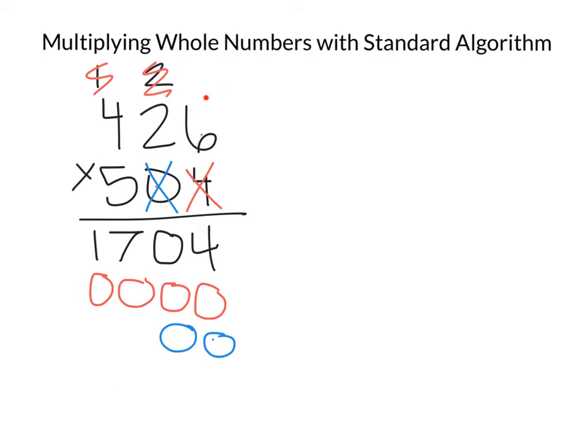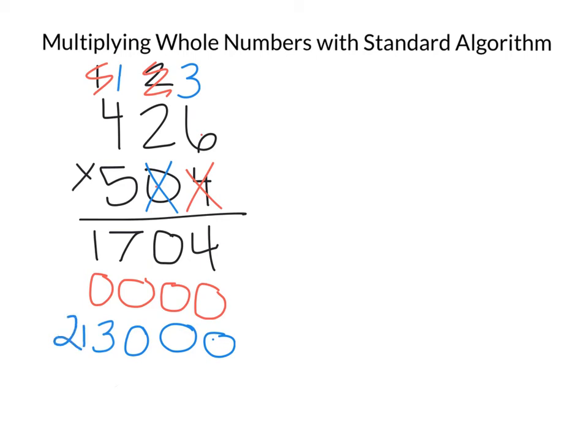I do 5 times 6 to get 30. Drop the 0, carry the 3. 5 times 2, which is 10, plus 3 is 13. Drop the 3, carry the 1. Multiply 5 times 4 to get 20, plus 1 is 21.